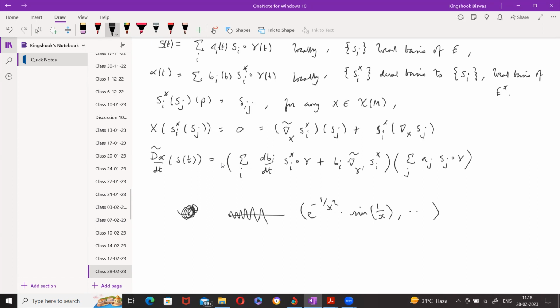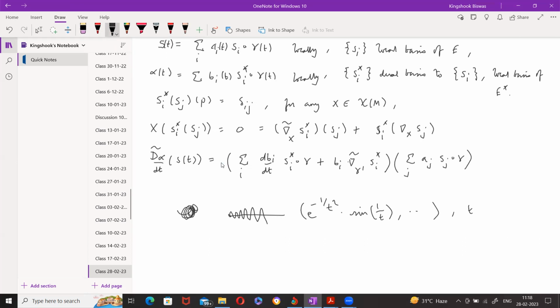Our curves are smooth maps from closed intervals. This is a smooth map. At t equal to 0, I just put this to be 0. This will be a smooth map, absolutely smooth.